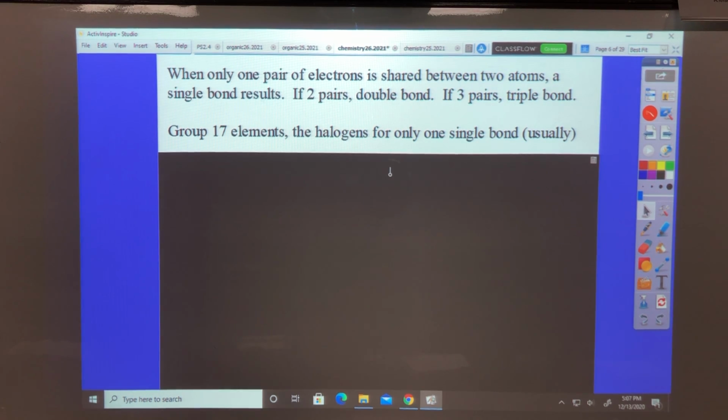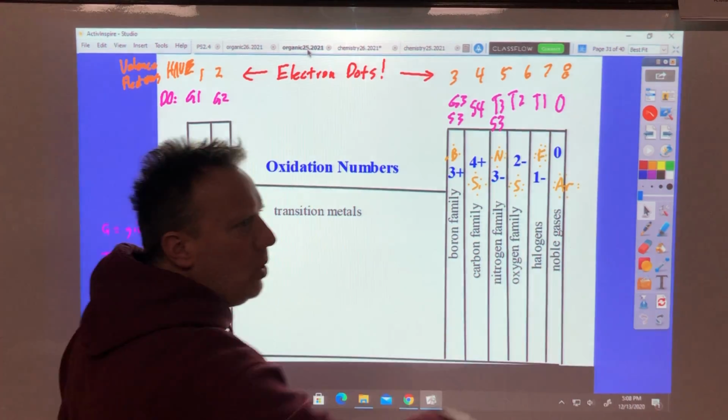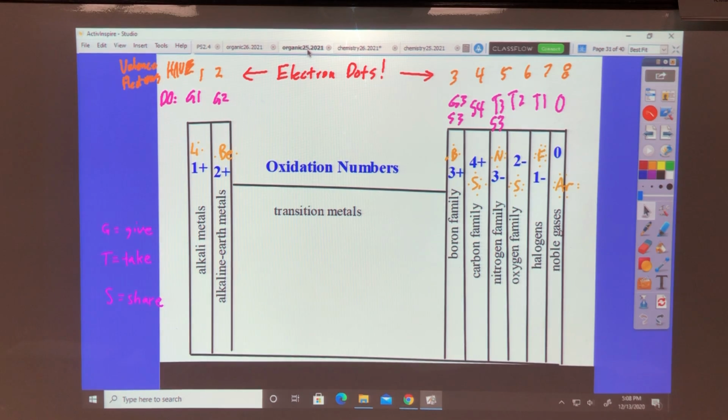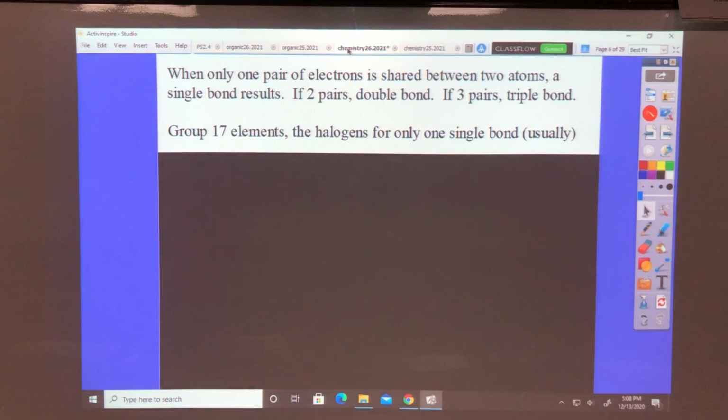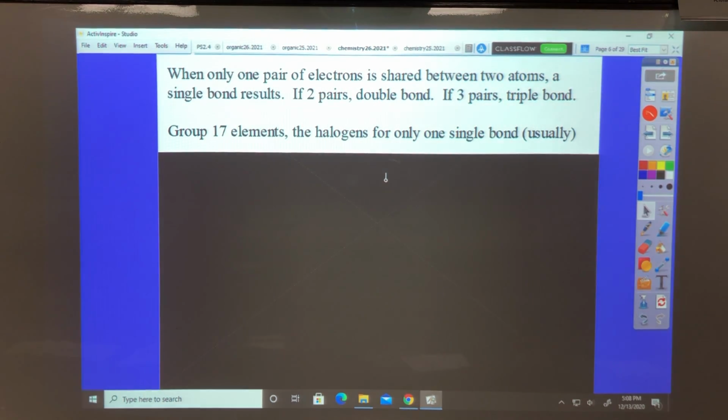If you are in the group 17 elements, the halogens, they'll share 1. You get a single bond usually, although we did see that, well, okay, never mind. We didn't see an example of that with the Lewis structures.